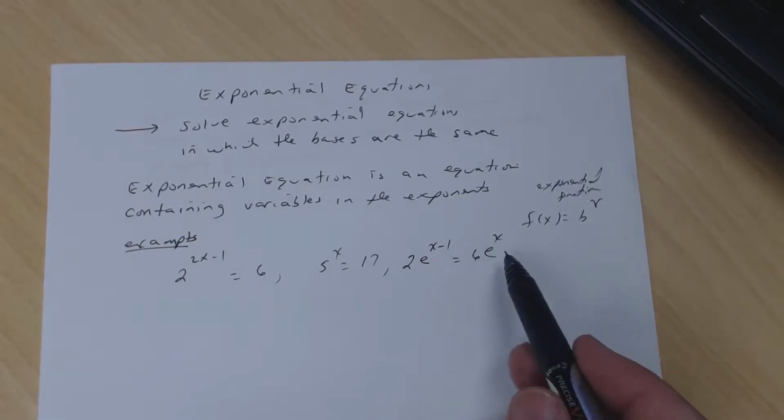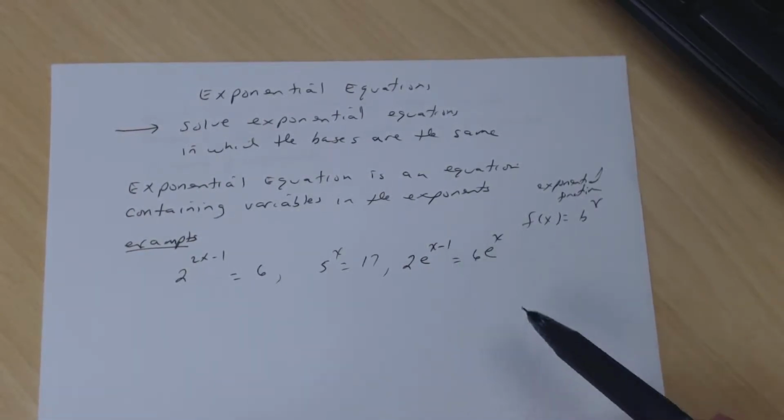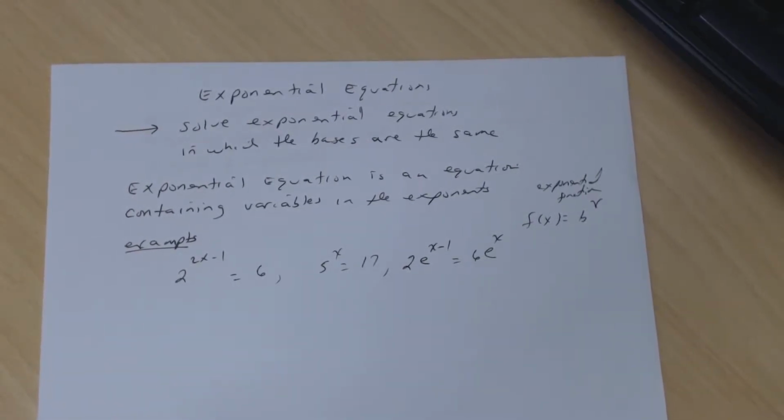You can have variables on both sides as long as the variable is in the exponent. Those are all examples of exponential equations. The idea in this lesson and the next is to solve exponential equations, solving for the variable x.